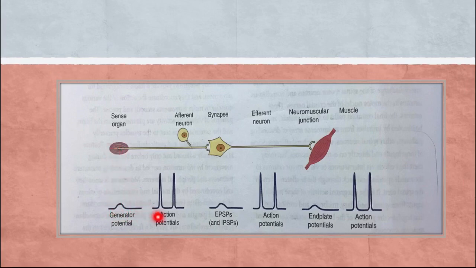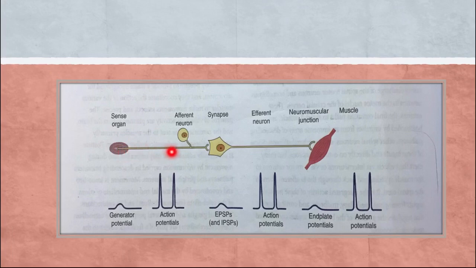It will create an action potential in this one afferent neuron, the dorsal root ganglion afferent neuron. It will form the synapse within the spinal cord, the central integrating station, and release the neurotransmitter. This is just a basic example of a monosynaptic reflex.